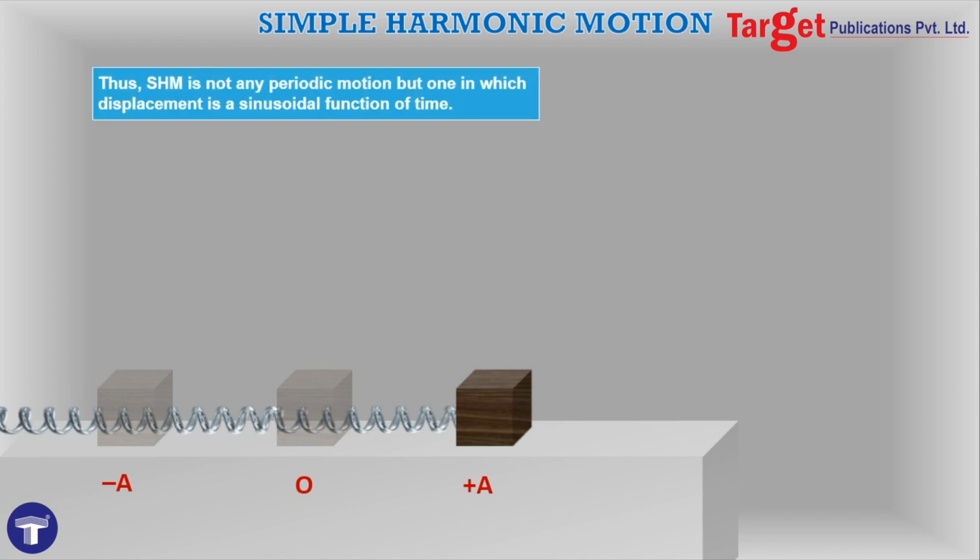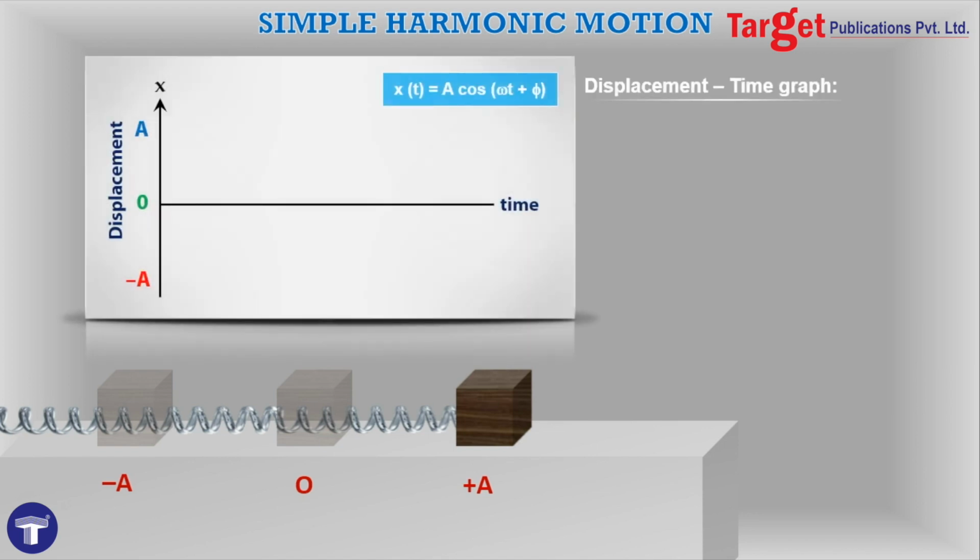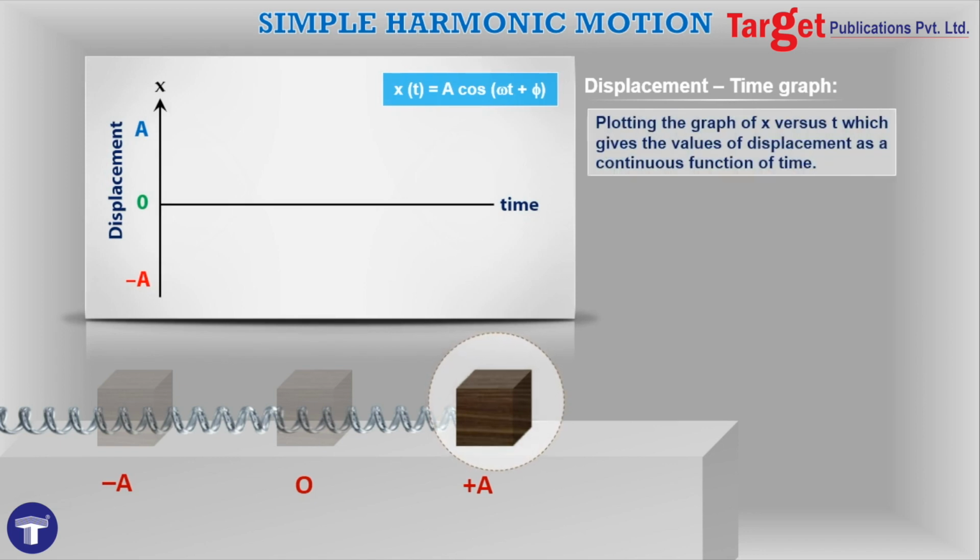SHM is not just any periodic motion, but it is that periodic motion in which displacement is a sinusoidal function of time. This means that if the graph of displacement versus time is plotted, it will reveal that the values of displacement form a continuous function of time.